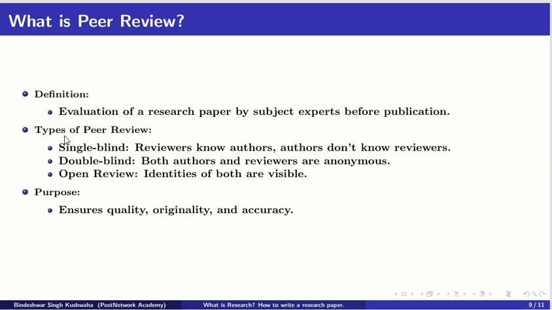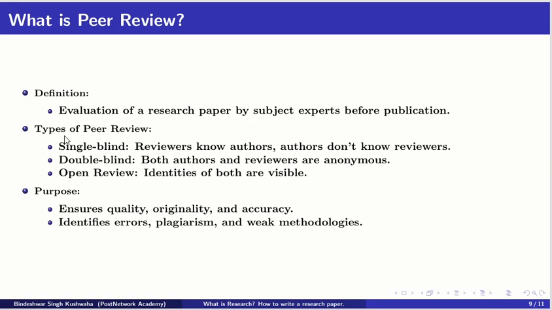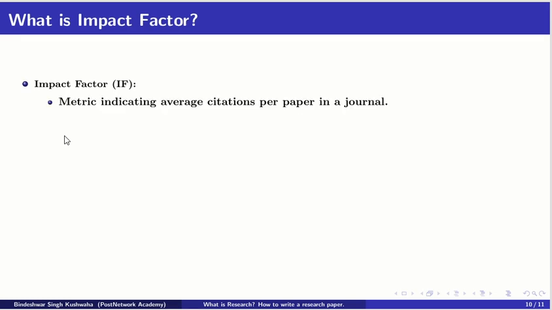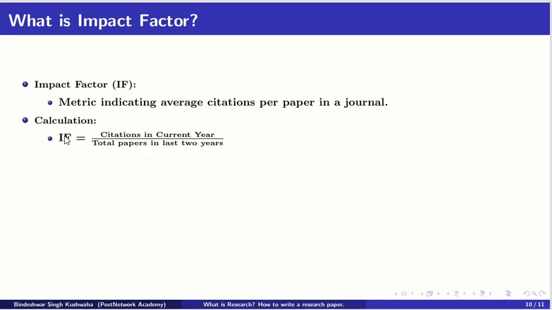Purpose: ensure quality, originality and accuracy. Identify errors, plagiarism and weak methodology. What is impact factor? That is also a very important term to know the quality of journals. It is a metric indicating average citations per paper in a journal. There is a formula: citations in the current year divided by total papers in the last 2 years.